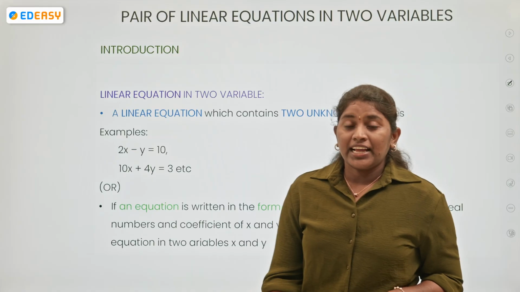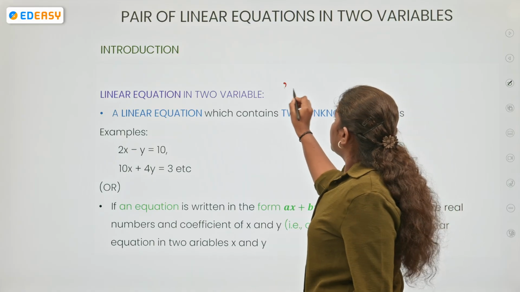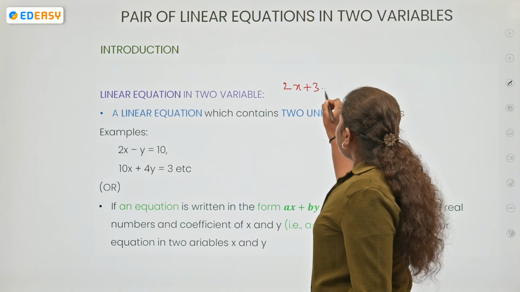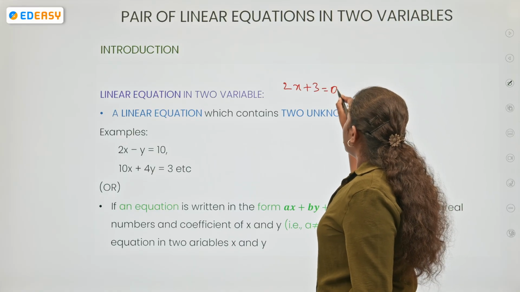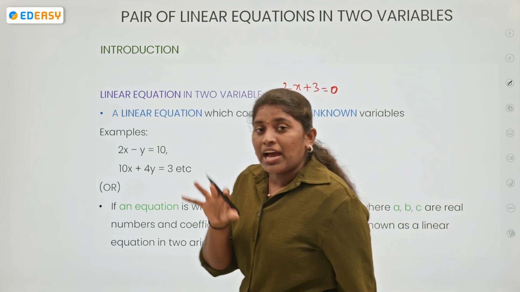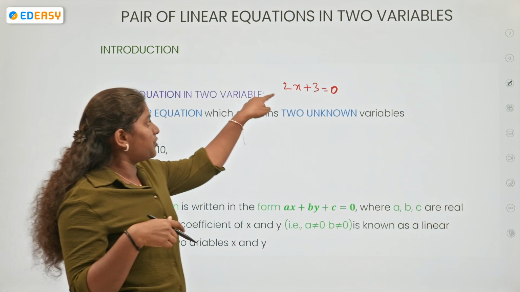So we know that a linear equation is nothing but, if you equate 2x plus 3, I am equating this expression to some other value. So here I am taking 0. If we equate that linear expression to some other value, then it becomes your equation.